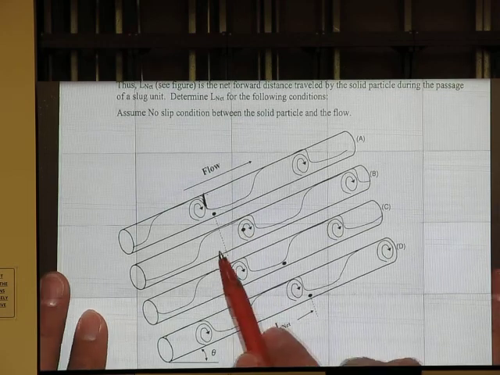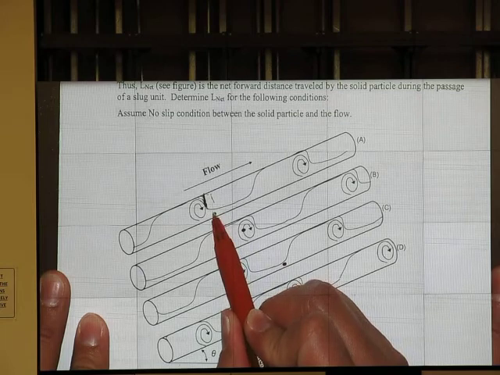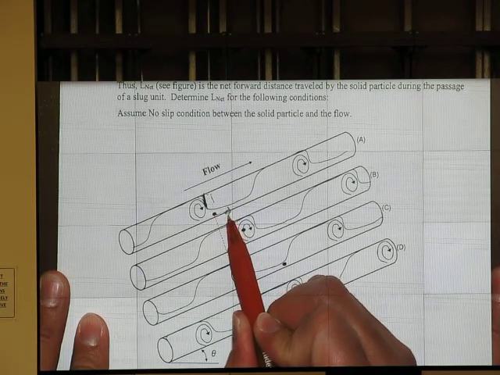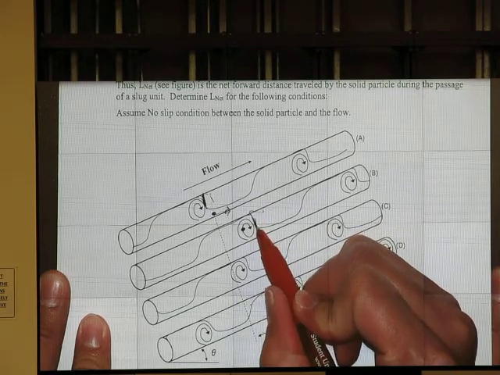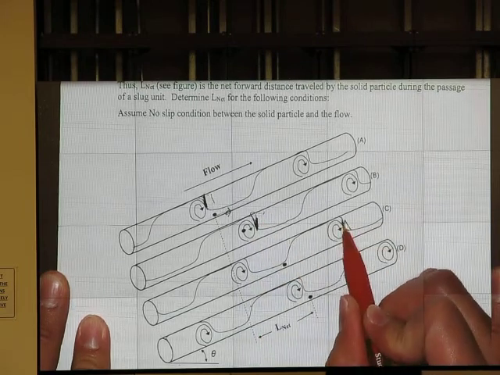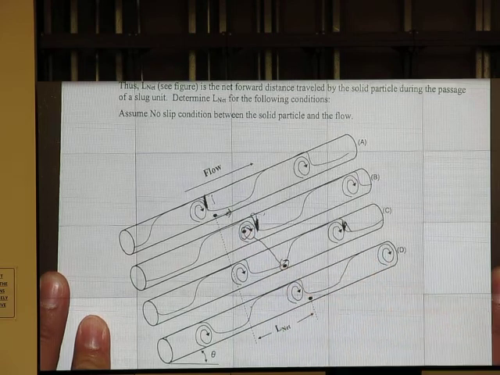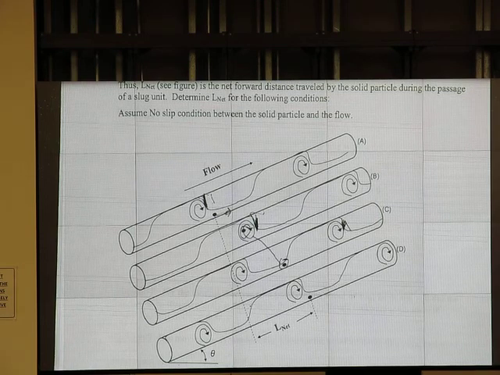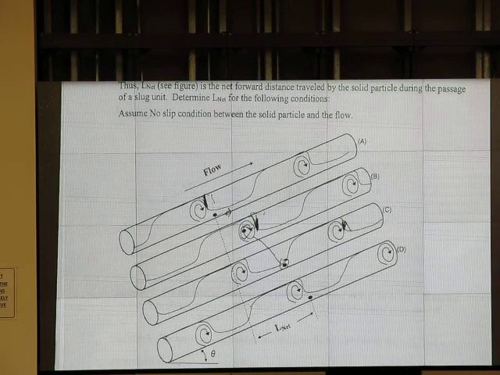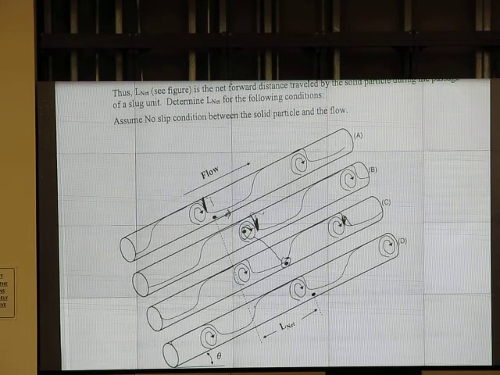So when the interface moves this much, the solid particle moves not that much. So when the interface goes from there to there, the particle moves just from there to there. So it moves slower than the slug body, than the interface itself. The liquid inside the slug body moves slower. Okay, you get the point?